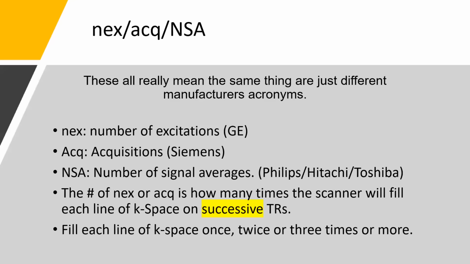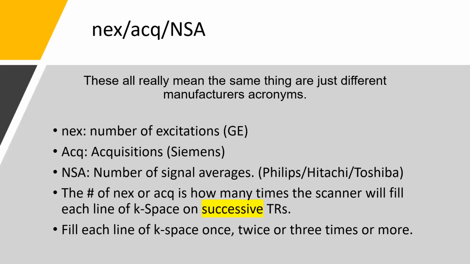Okay. Next, acquisitions and NSA. These all mean the same thing. They're just different acronyms. So NEX is GE, acquisitions is Siemens, NSA is Philips, Hitachi, and Toshiba. So know that when you increase the number of NEX, you're filling the k-space more than once, but you're also filling it on successive TRs.